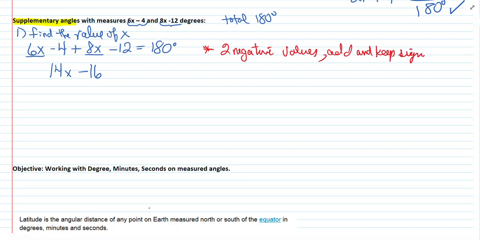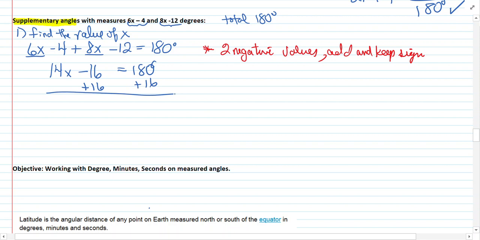So I'm going to have a negative 16 is equal to 180 degrees. I'm going to add the 16 because the additive inverse is a positive. This gives me 14x equal to 196. Now I'm going to divide by 14.